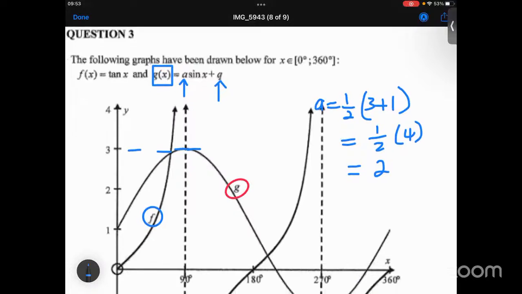So that means already we do know that g of x equals 2 sine x, that is added to q. Can you see? Something of this nature, it makes it easier when you use this formula.